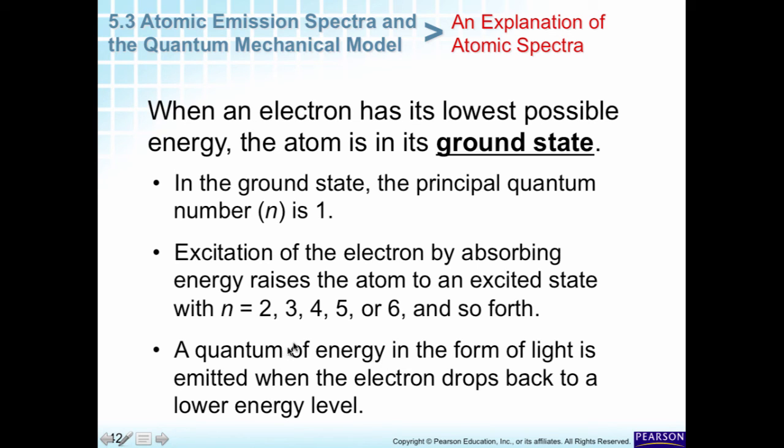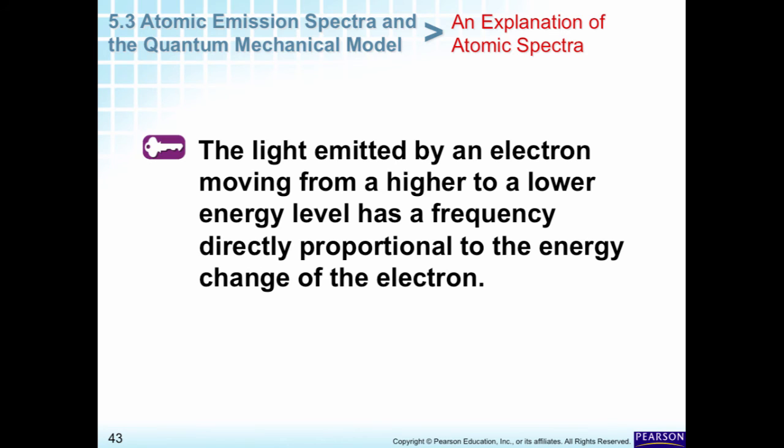But when it falls back to the ground state, we're going to see light emitted. Sometimes the light will be ultraviolet, and some will be infrared, which we can't see with the naked eye. We have to have another device to measure that, but we can see anything in the visible level, and we'll see different colors.